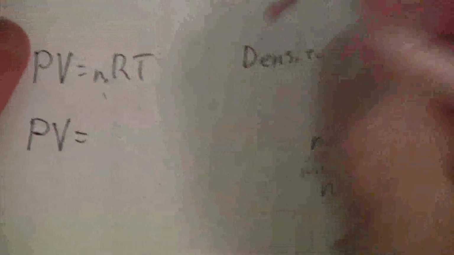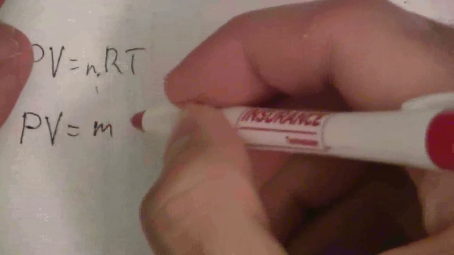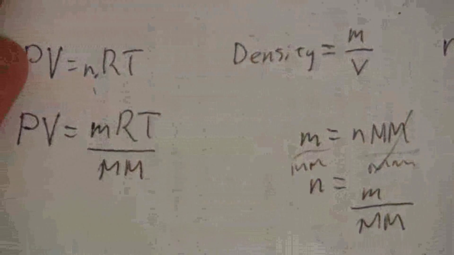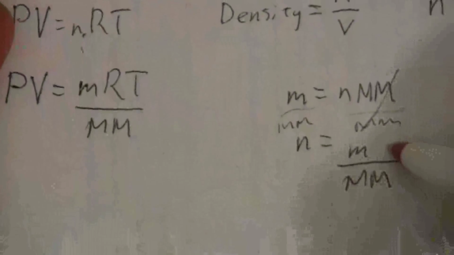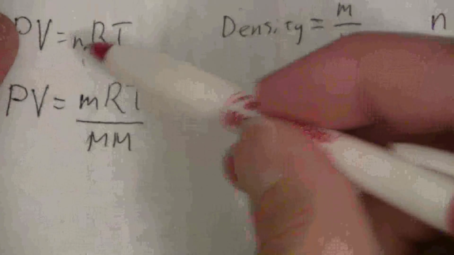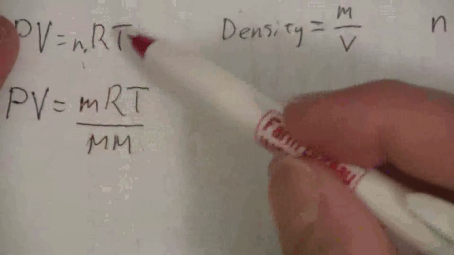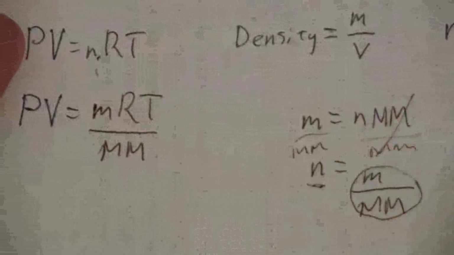So I can put that in and rewrite my ideal gas equation to look like this: the mass times R times the temperature divided by the molar mass, just putting this in place of n, keeping in the R and the T.